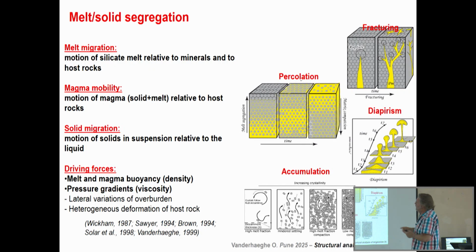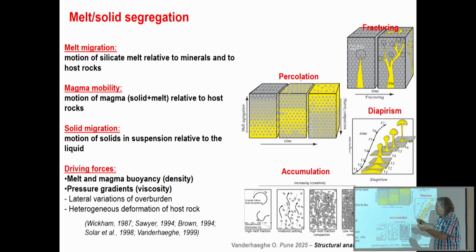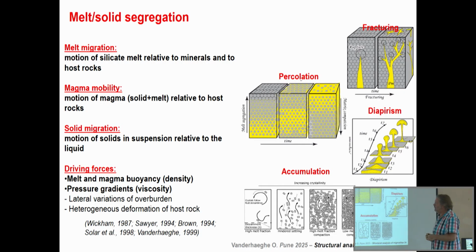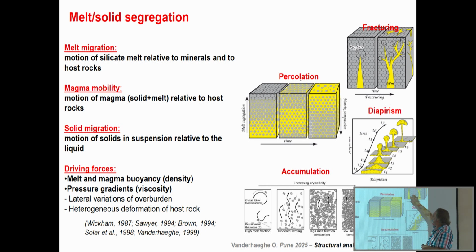So melt migration, we saw percolation, that's migration of liquid across grains that are forming a continuous solid network. But there's also the possibility of fracturing, rupture. It's usually when there is a strong thermal contrast between the melt and its host rock. So it's not happening usually at the place where melting occurs.